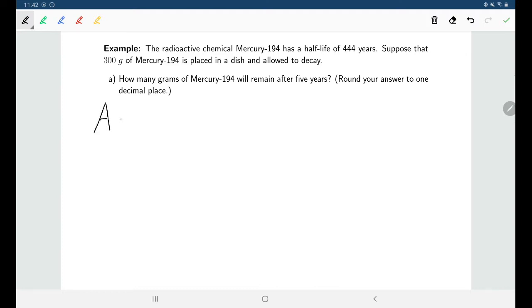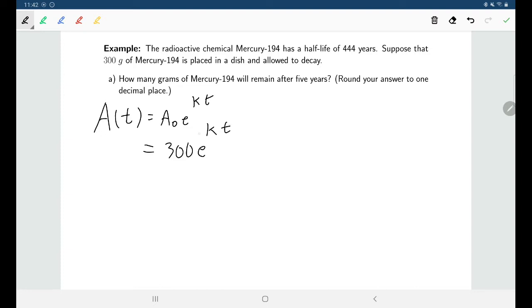Let's start off with our formula: A of t equals a0 e to the kt. We know one thing already, which is that we're starting with 300 grams of mercury 194, which means our original amount is 300.